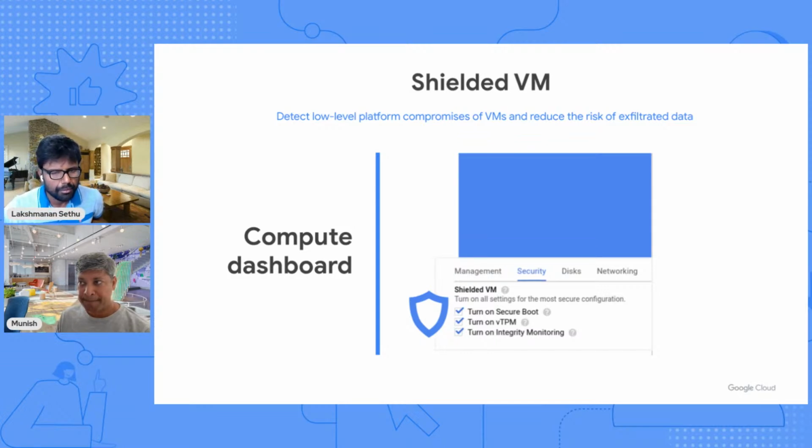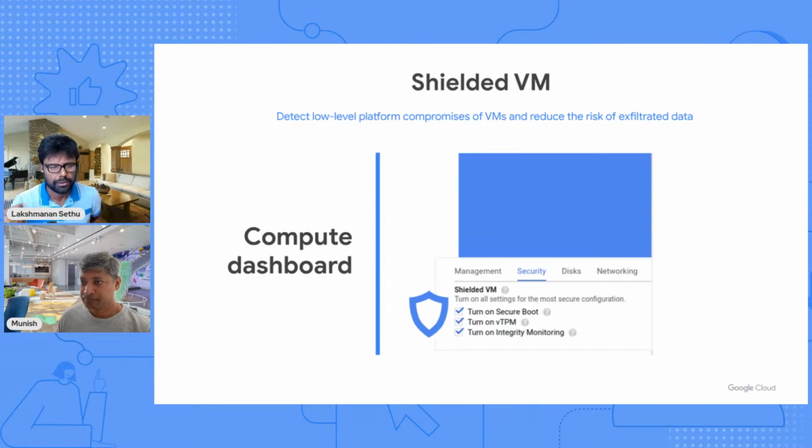When you create a VM, it's a part of your console. You see that as an option. What it does is help avoid any kernel level or guest OS level attacks. You're deploying your VMs on a guest OS, so you want to have an additional layer of security for some business use cases.